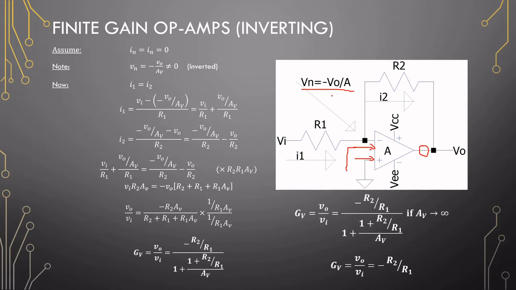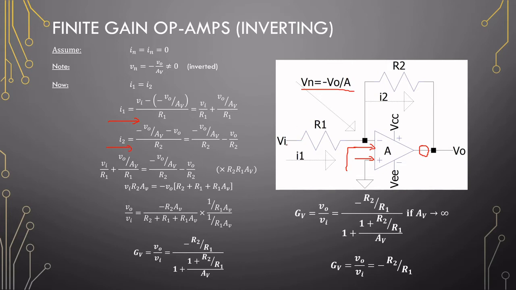So some smaller value multiplied by the gain should provide V out. And we just redo our equations from there on. So I1 is equal to I2 because the currents flowing into our op-amp are 0. So we write down our Kirchhoff's for I1 and I2.